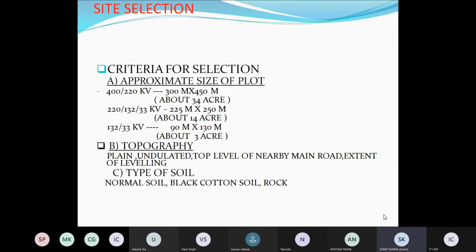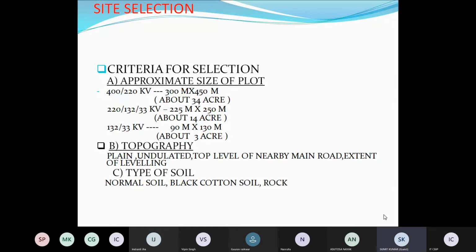These are the minimum criteria. I don't know whether people have already studied the manual. What is the minimum size of the plot to purchase, the area of the plot, in acre or bigha or square feet, square meter?